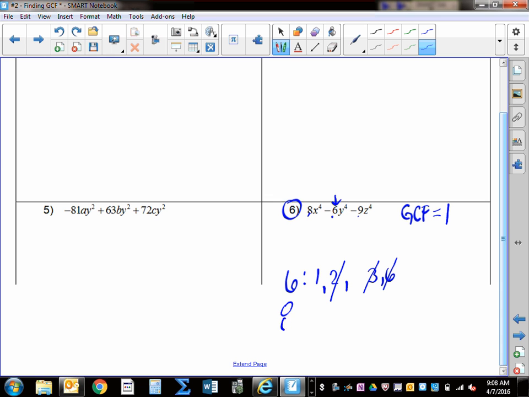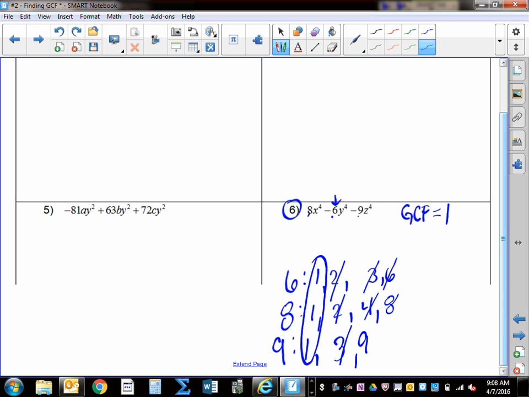If I wrote out my factors for 8 and 9, for 8 we have 1 and 8, 2 and 4. So 8's not in common, 4's not in common. The factors of 9 would be 1 and 9, and 3. Well, 2 doesn't exist in all of them, and 3's not in all of them. The only one that they all have is 1.